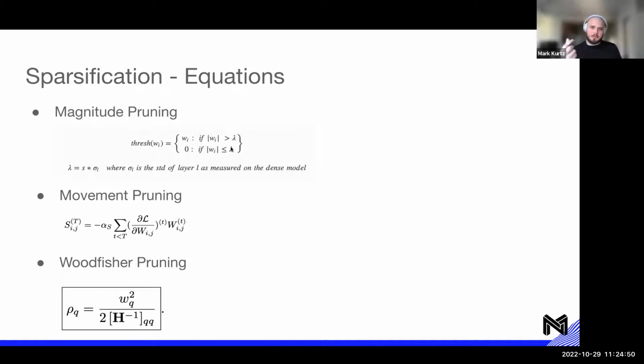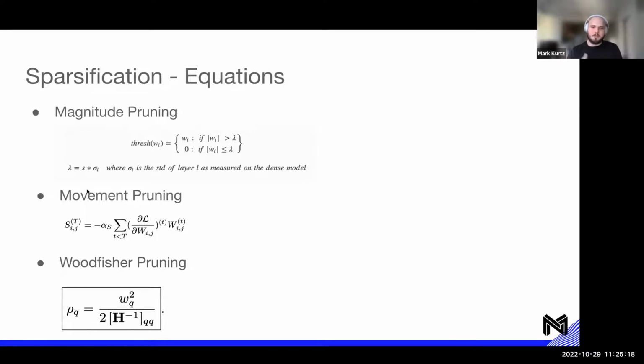But we're going to look at the entire matrix of weights that are available to us, figure out what threshold we need to set to reach 90% sparsity, and then we plug that threshold in and apply that across the weights, right? So we're going to set all weights that are less than or equal to that threshold to 0, and that means that if our sparsity target was 90%, we're only going to end up with 10% of the weights above that threshold, and that's what we keep. So it's a pretty simple algorithm for magnitude pruning to go through.